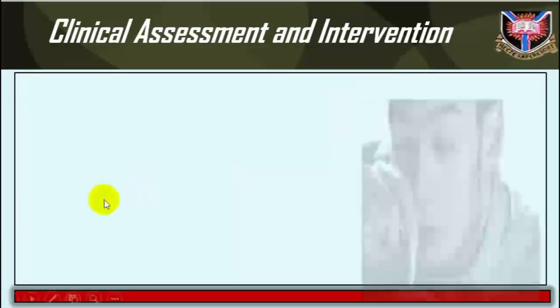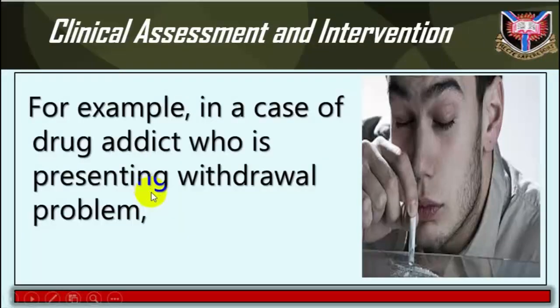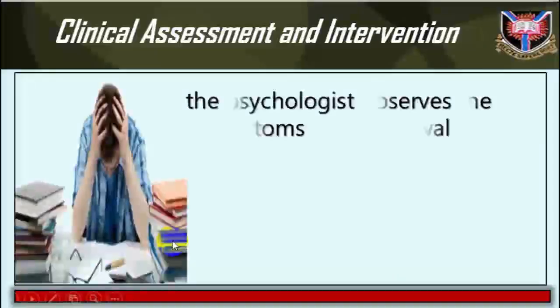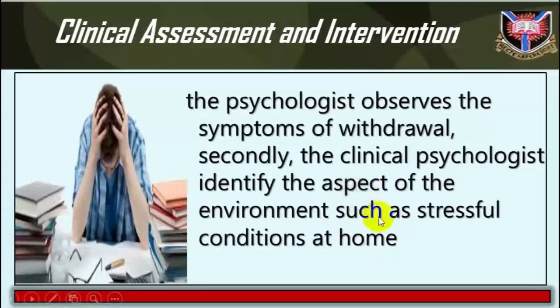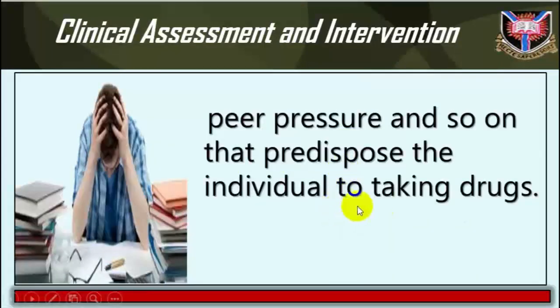For example, in a case of a drug addict who is presenting with withdrawal problems, the psychologist observes the symptoms of withdrawal, and secondly, identifies aspects of the environment, such as stressful conditions at home and peer pressure, that predispose the individual to taking drugs.